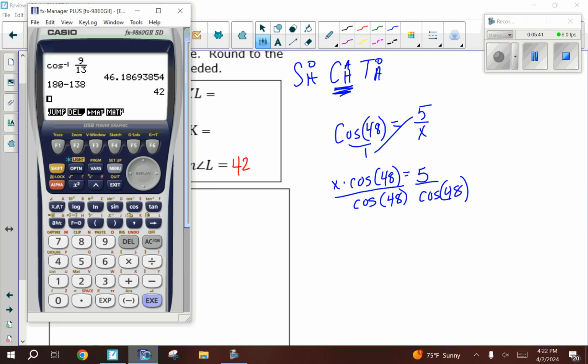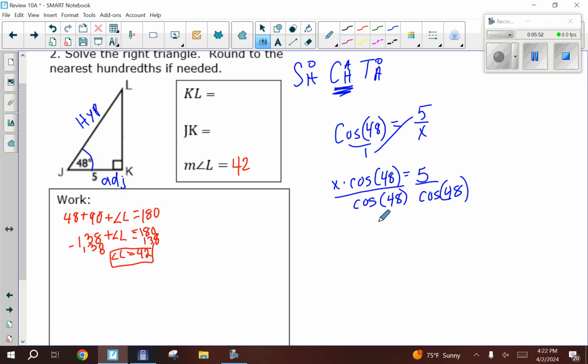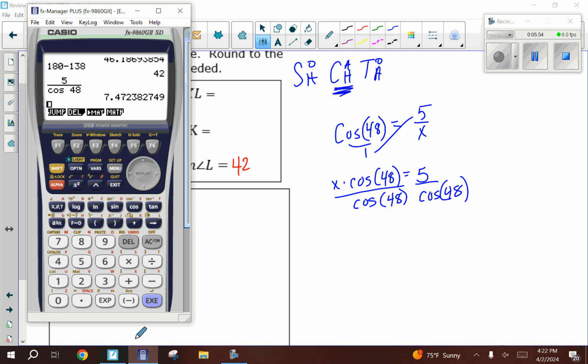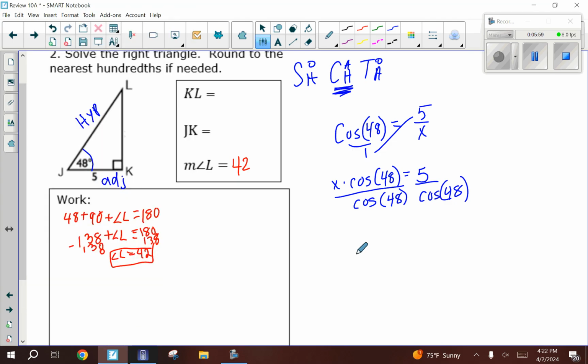So we're going to do 5 over the cosine of 48. 7.47. So that's the hypotenuse, JL. It's going to be 7.47, and because the number after is a 2, I'm just going to cut it off. So JL is 7.47.